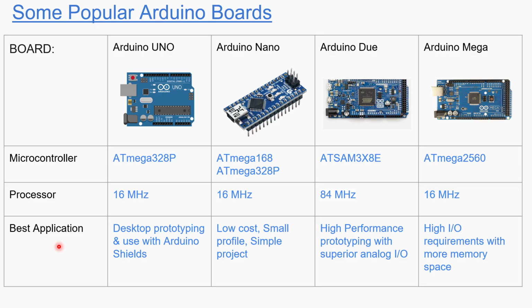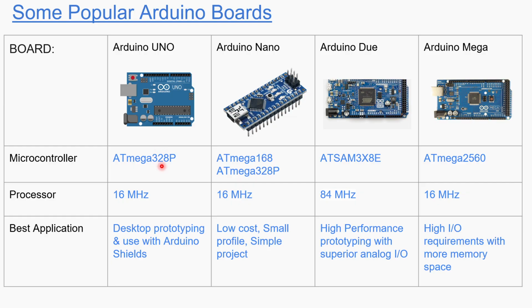The most common Arduinos available are Arduino Uno and Arduino Mega. Arduino Uno uses a microcontroller Atmega 328P, and Arduino Mega uses Atmega 2560, and their processing speed is 16 megahertz each. The smaller version of Arduino is Arduino Nano, which has a limited number of IOs.